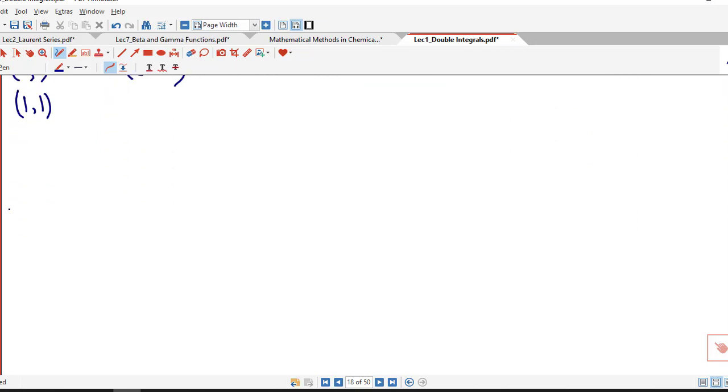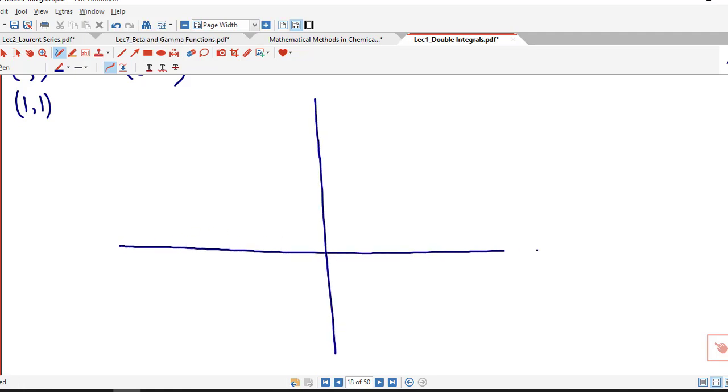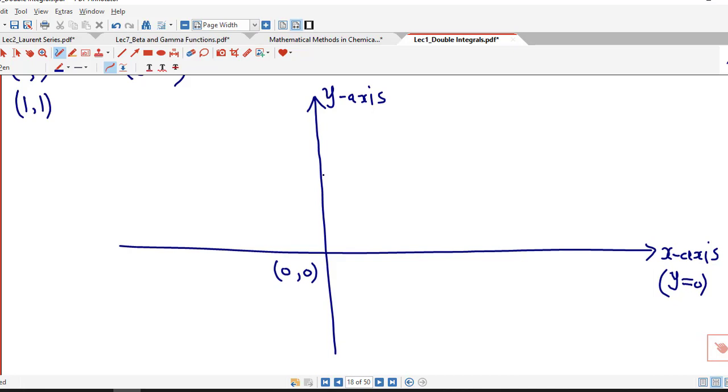So first we sketch the region of integration. It is nothing but a triangular region. This is the x axis, which is represented by the equation y equal to 0. This is the y axis, this is the origin, and suppose this distance is 1.